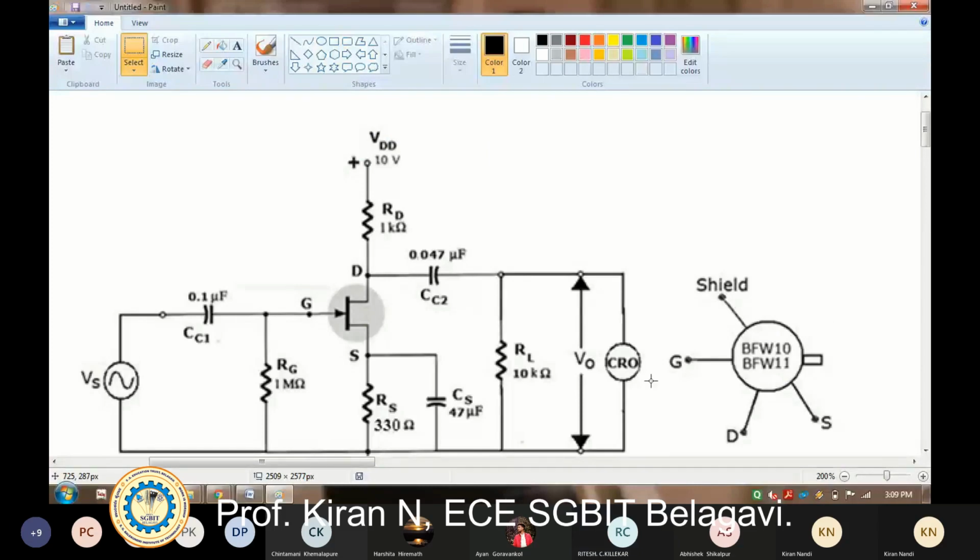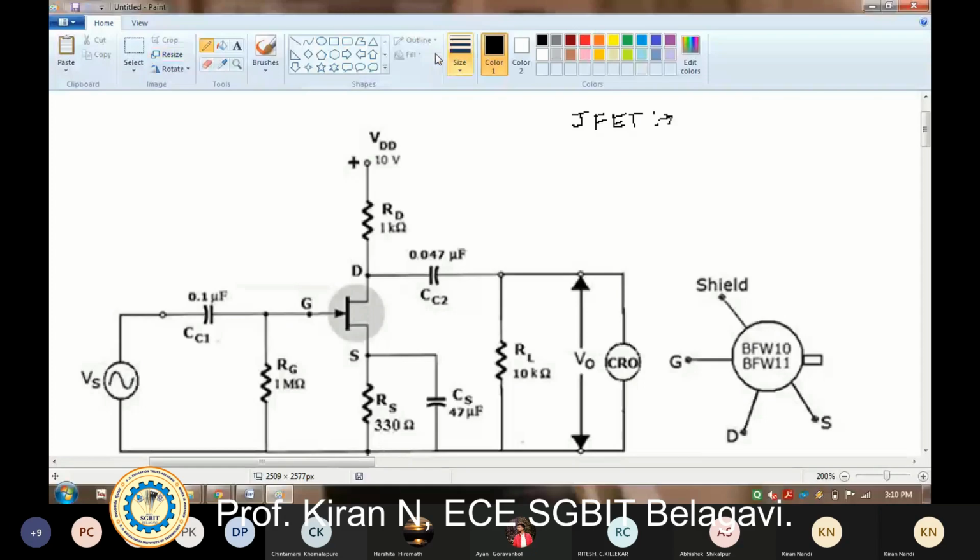Okay, see here. Now this is the JFET. Always remember it is a junction. JFET means junction field effect transistor. Why is it called a junction?